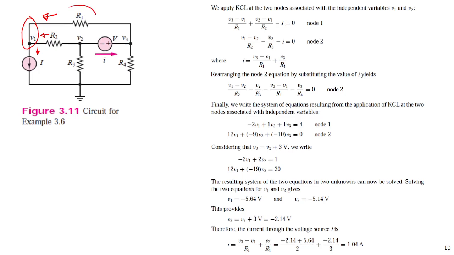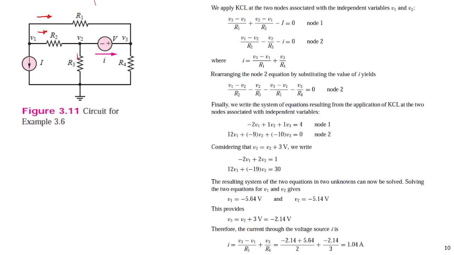V3 minus V1 divided by R1, this current, right? This current. V2 minus V1 divided by R2, this is the current, minus I, okay? If I consider the current in this direction, it's not wrong, okay?